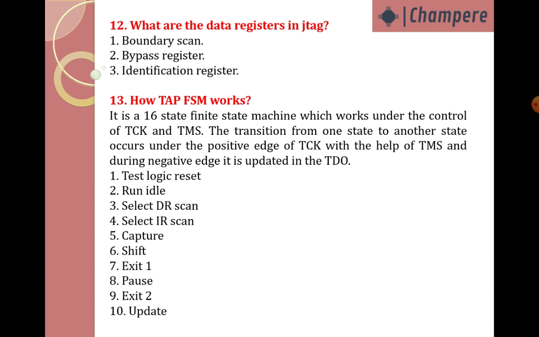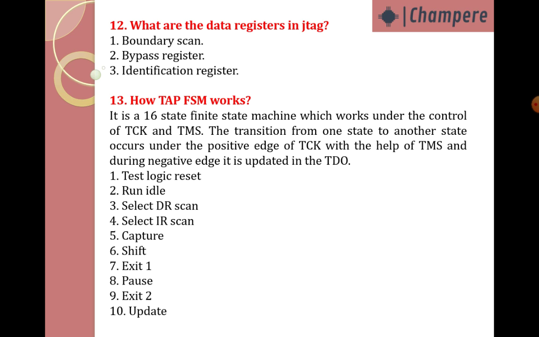How does the TAP FSM work? Here is a basic answer. If you want, you can refer to the videos on YouTube, where they explain clearly how it works. It is a 16 state finite state machine, which works under the control of test clock and test mode select. The transition from one state to another occurs on the positive edge of TCK with the help of TMS, and on the negative edge data is updated on the TDO.